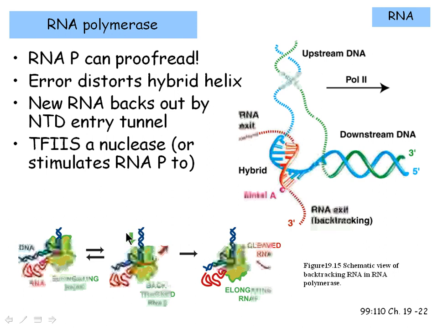The way that works is something like this: if an incorrect nucleotide not merely drifts in through the funnel, but actually gets covalently attached to the growing chain, that's going to be a mismatch at that one spot, and it will distort the helix. And that is a signal to the RNA polymerase to backtrack on the RNA and trim off that incorrect base, so that you can actually back out that entry point and have that incorrect one eaten off.